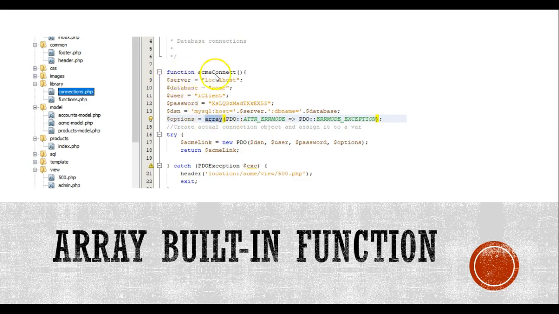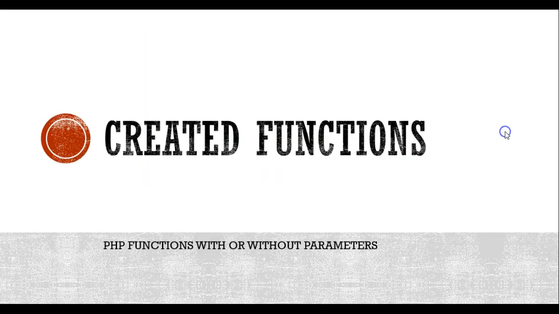But for the function Acme Connect, there is this keyword function and there is a return keyword as well. So since built-in functions don't have return and function keywords, let's just talk about now created functions.